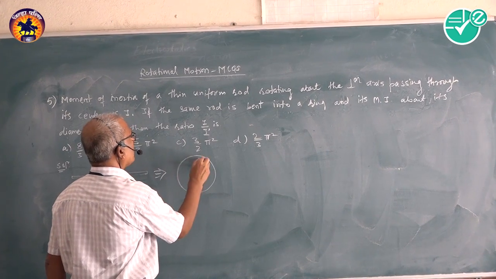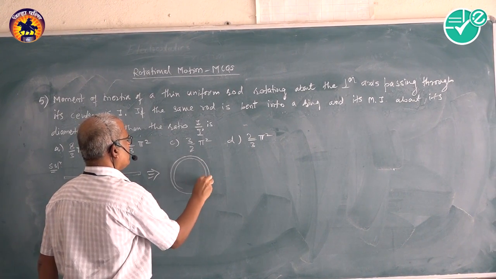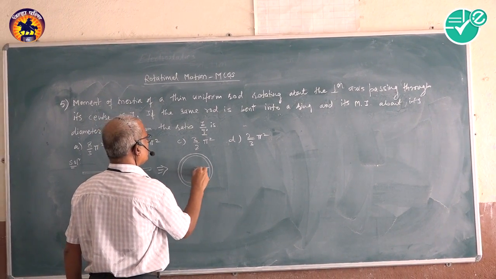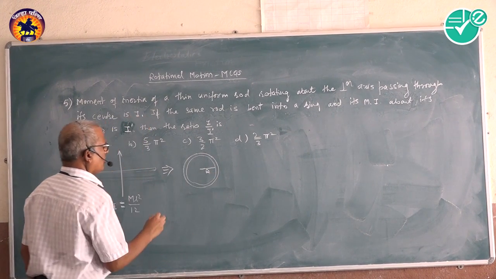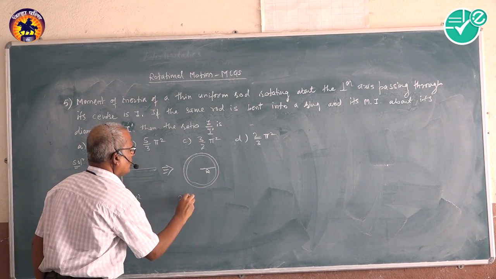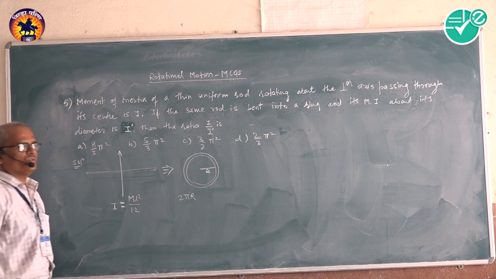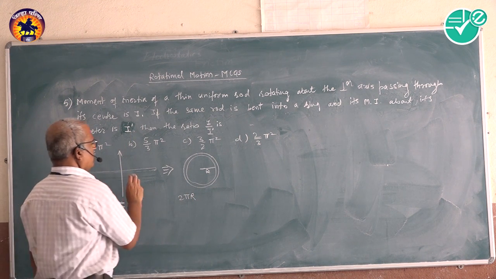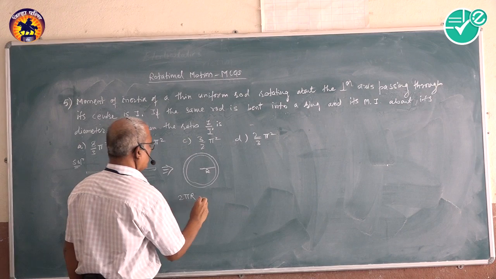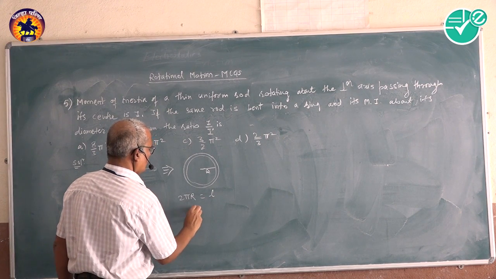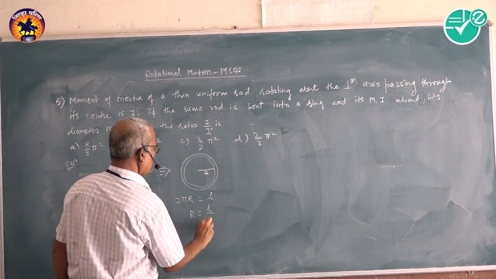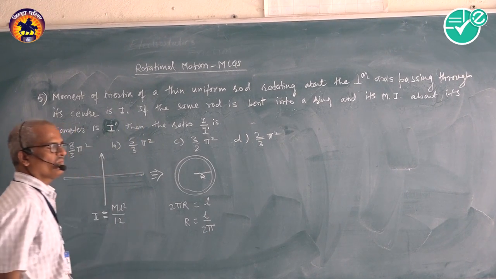Suppose the radius of the ring is r, so total length is 2 pi r, that is the circumference of the circle, and length is the same here, that is L. So radius is equal to L upon 2 pi.